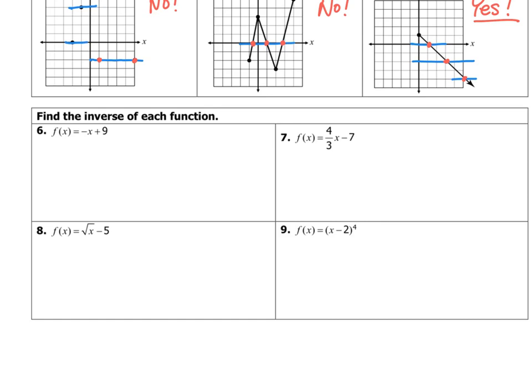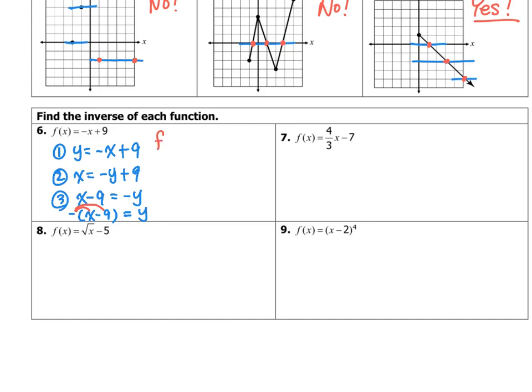All right, numbers 6 to 9, you will find the inverse function algebraically using steps 1, 2, 3, and 4. Number 6, the final answer, f inverse of x is -x plus 9.